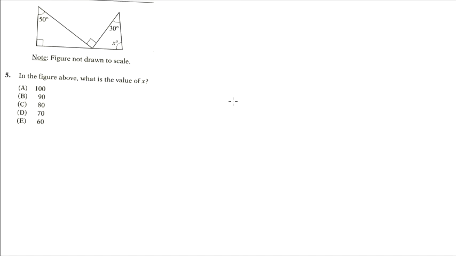In the figure above, what is the value of x? Well, all right, so here we have 50, 90 plus something. Right, so 180 minus 90 minus 50 is going to be 40 degrees.